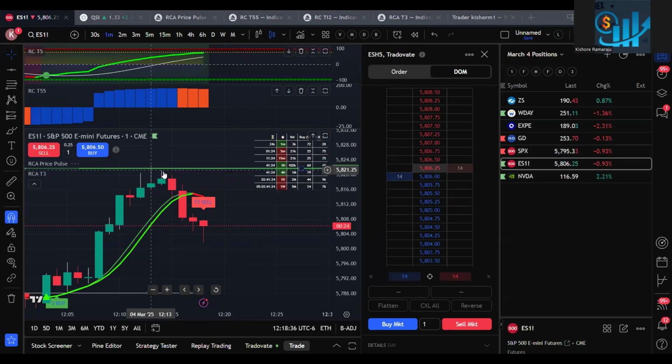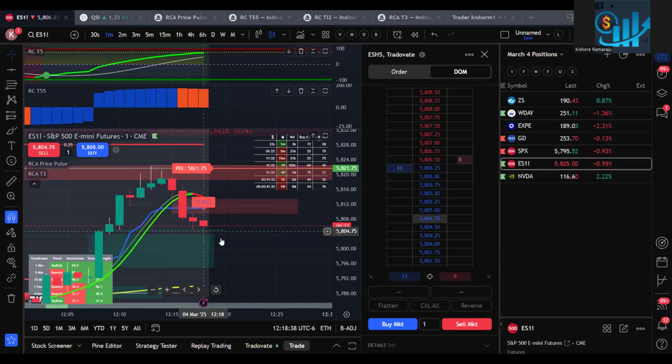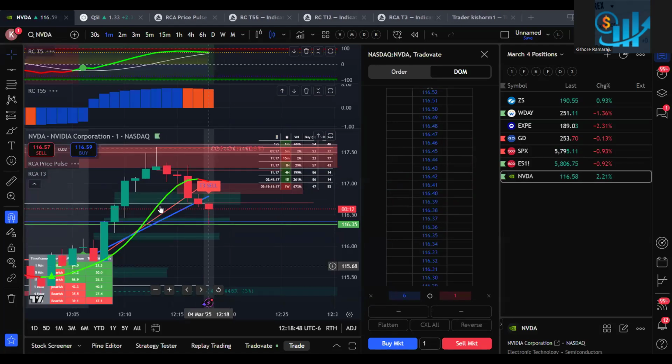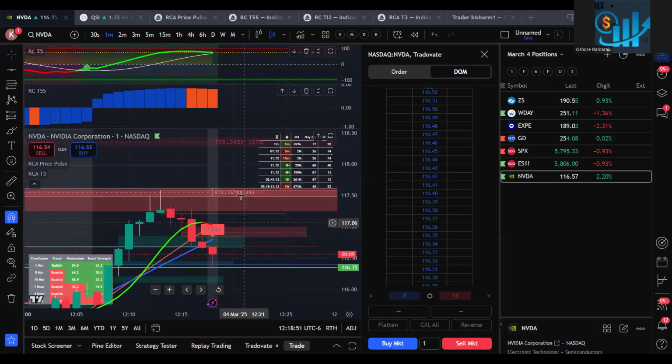Exactly, it went to that 58.21, then started dropping. Right, Nvidia exactly went to that point where I mentioned there are a lot of sell orders. It went touching that 117.5.